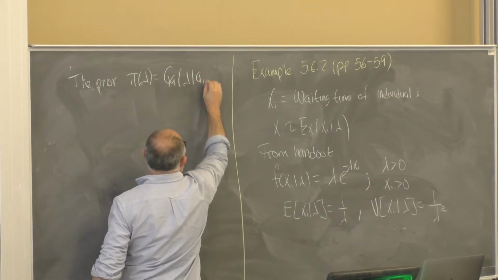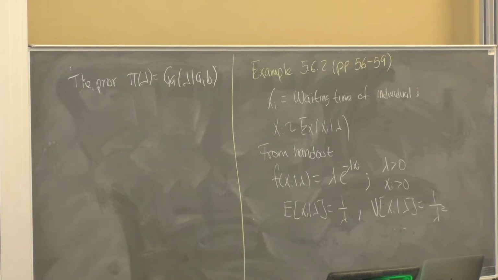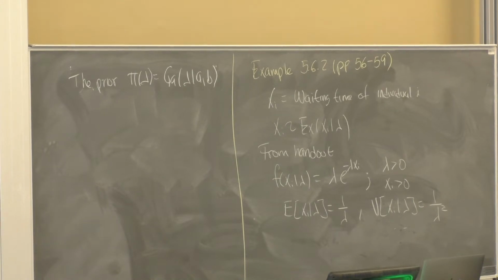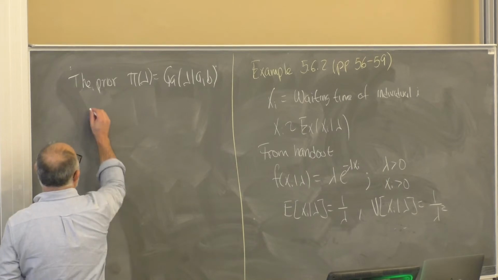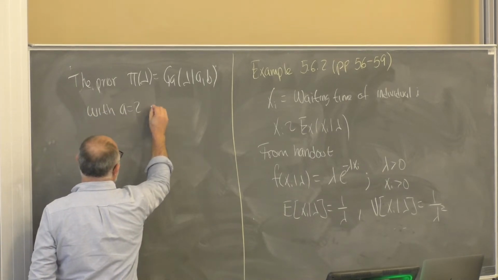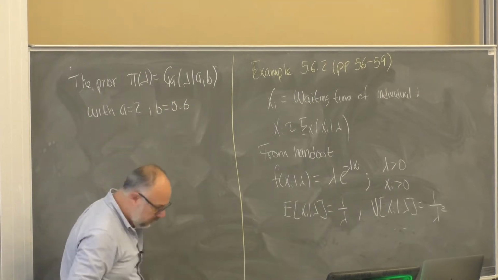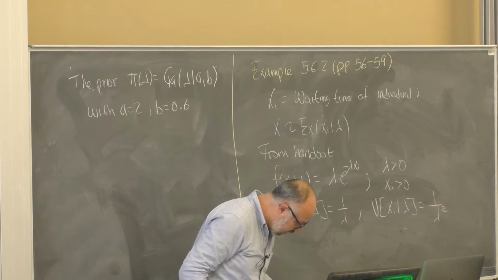And we know now, hopefully, that a gamma prior is conjugate for the exponential model. So we will use a gamma prior. And I believe those are the values that were elicited. Okay?